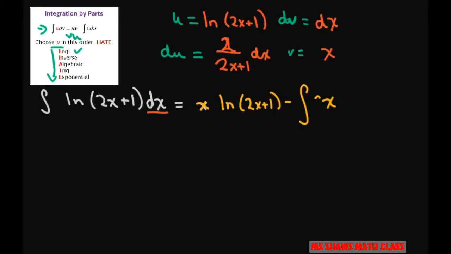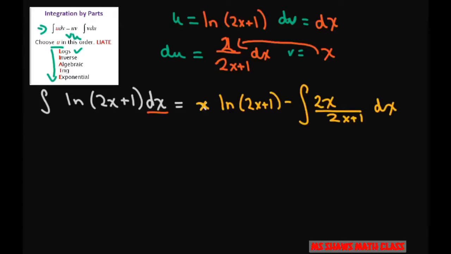So I'm going to put the 2 in front. So that's going to be 2x divided by 2x plus 1 dx. When I multiplied these two, I just put this x right there.